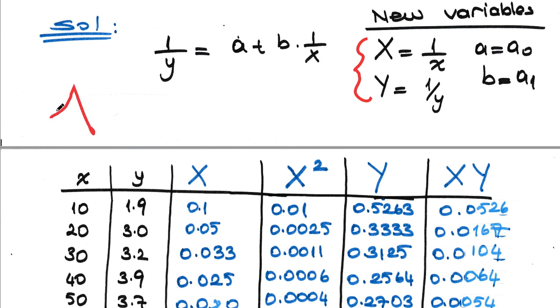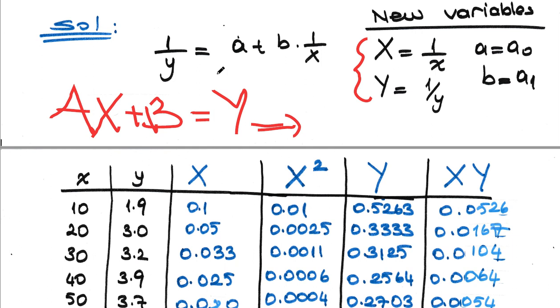But do not forget, guys, after the linearization, from now on your matrix corresponds to A big X plus big B equals big Y. This is a straight line from now on. For this reason, you should continue with the summation of big X squared, summation of big X, summation of big X, summation of 1.